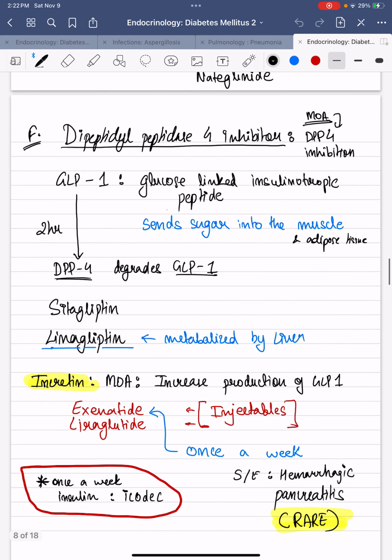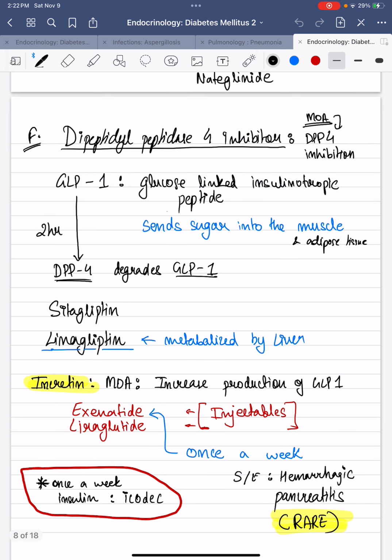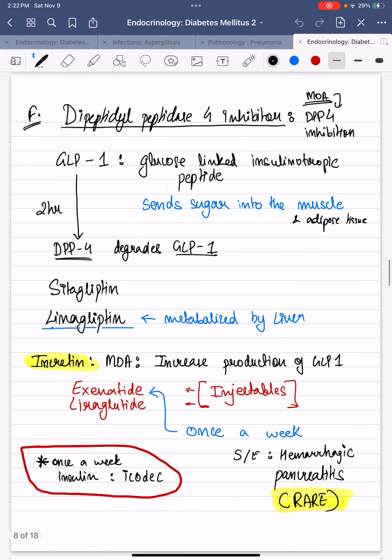Now the next class of drug is DPP4 inhibitors, that is dipeptidyl peptidase 4 inhibitors. So what these drugs do: there is GLP-1 in our body, which is the glucagon-like peptide, an insulinotropic peptide. It is responsible for sending the sugar into the muscle and the adipose tissues.